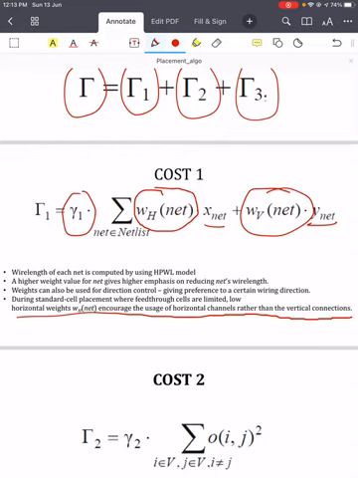To minimize the number of feed through cells, we have to impose low horizontal weights, and that will encourage the use of horizontal channels rather than vertical connections. So that is the main reason for applying different weights for each direction, the horizontal weight on the horizontal span and the vertical weight on the vertical span.